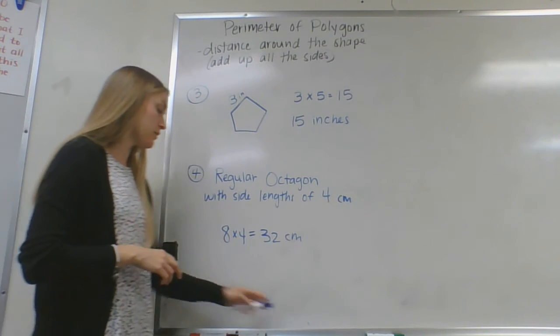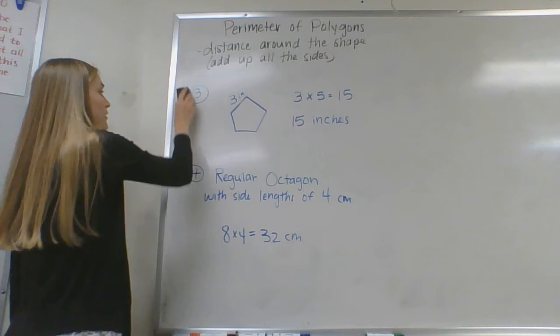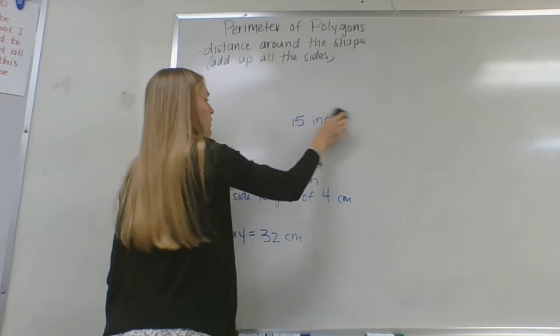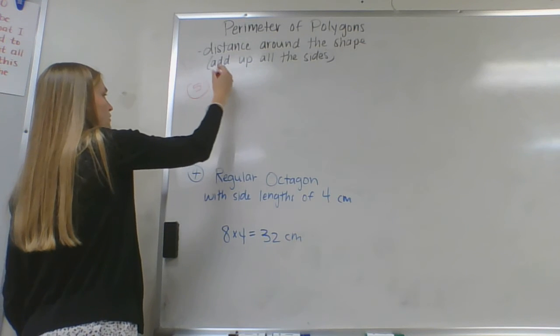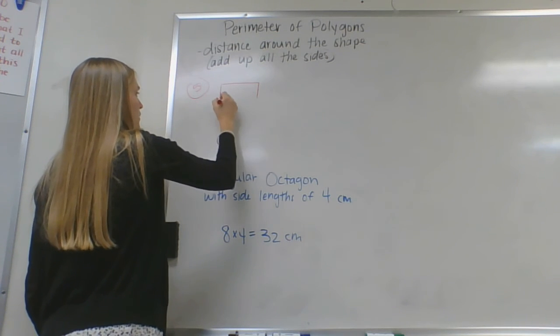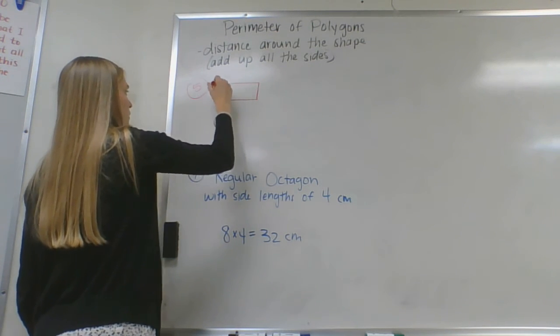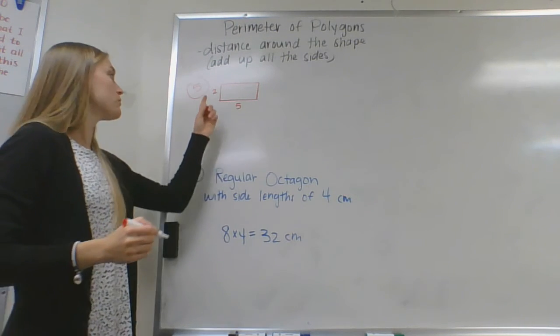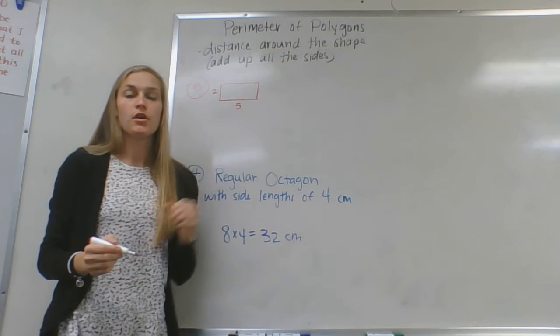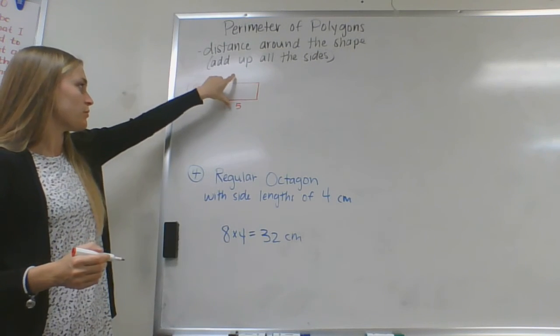All right, we'll talk about one more. If you have a rectangle and the side's 2 and the length is 5, you can just do 2 plus 5 plus 2 plus 5. Or a lot of times people will just multiply it.